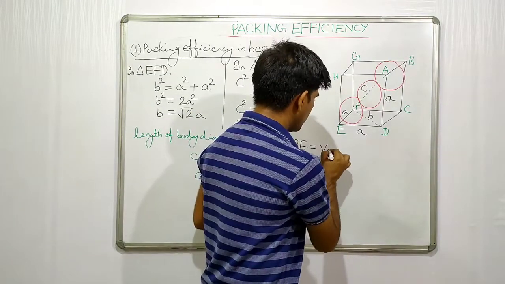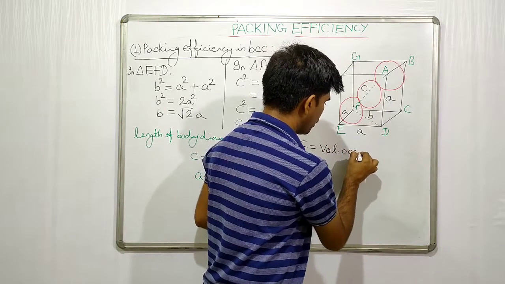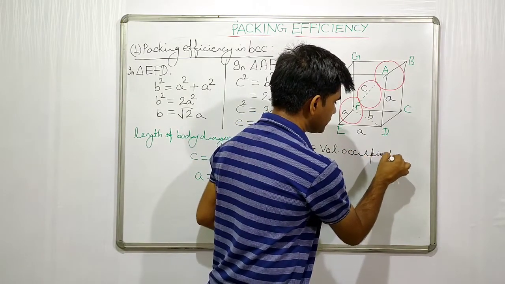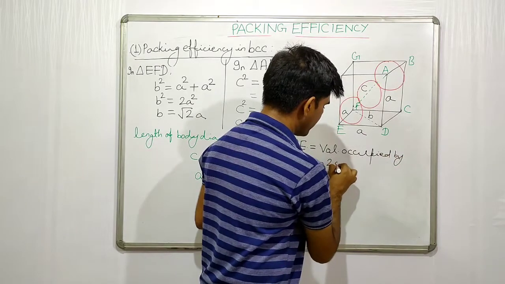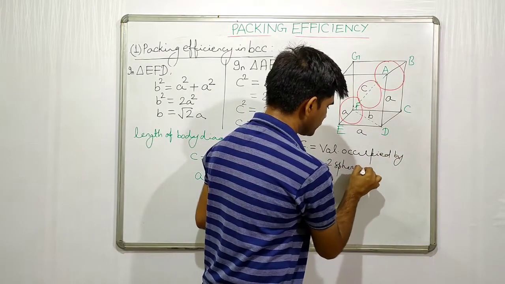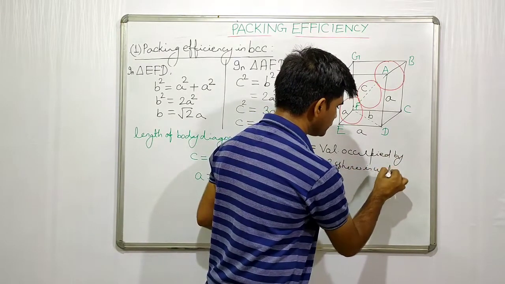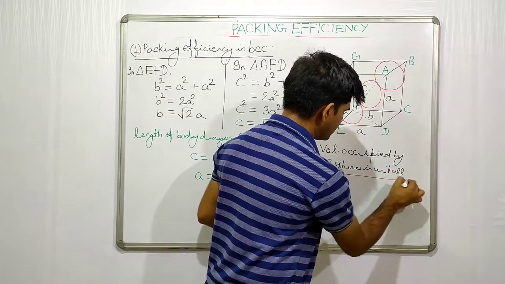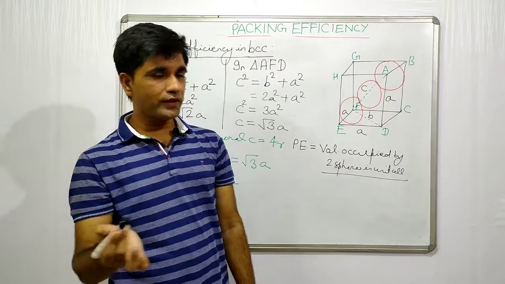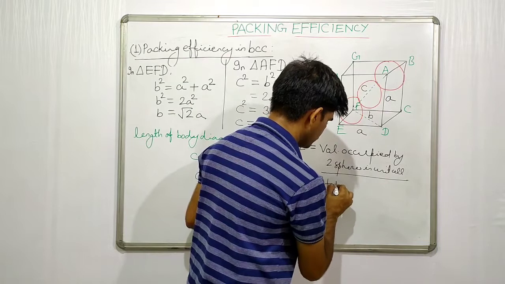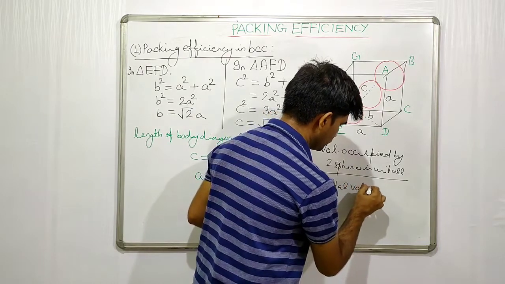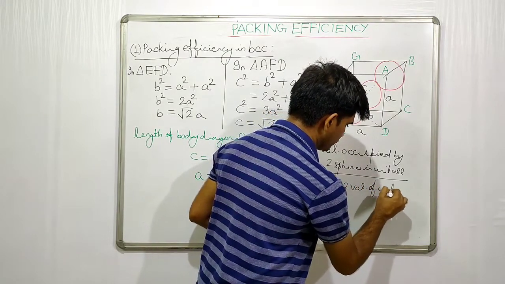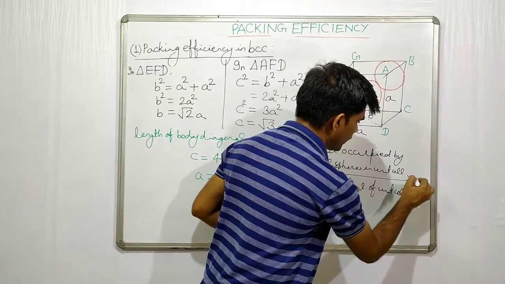So the formula would be volume occupied by 2 spheres in unit cell by total volume of the unit cell into 100%.